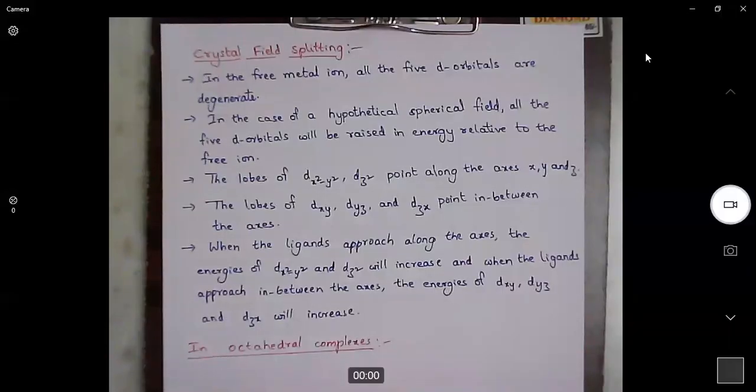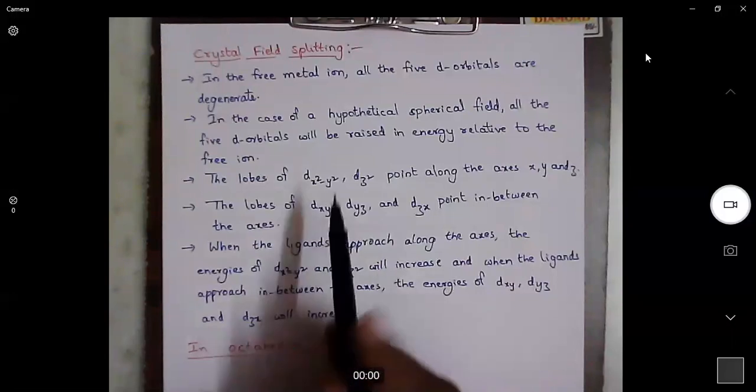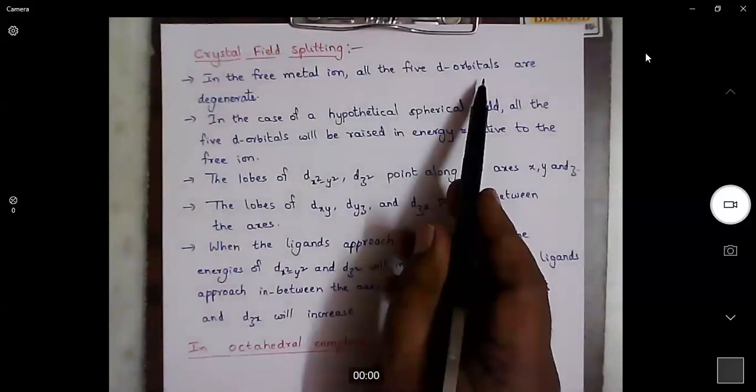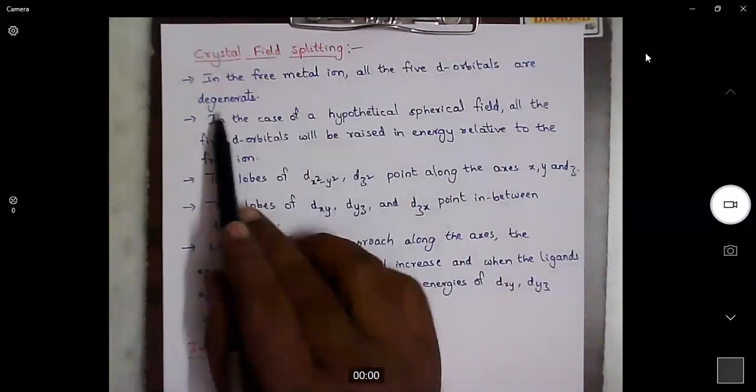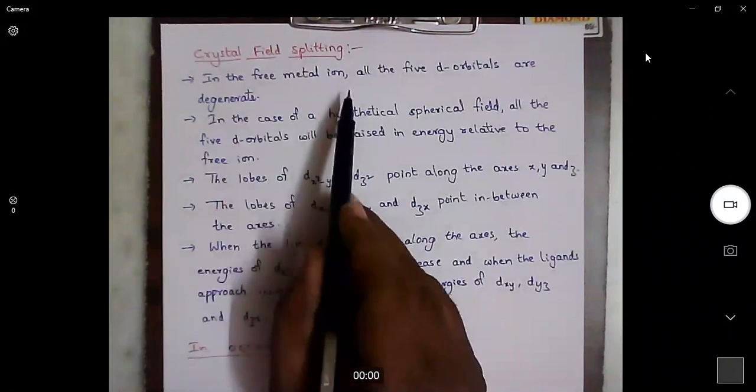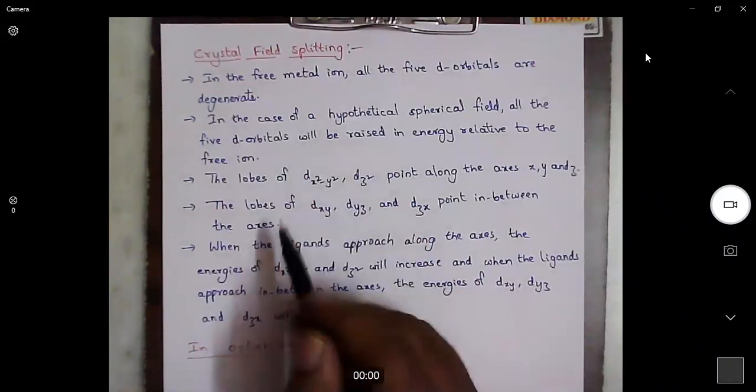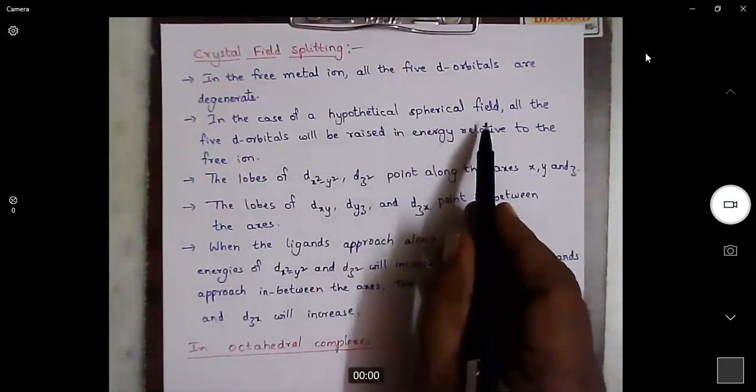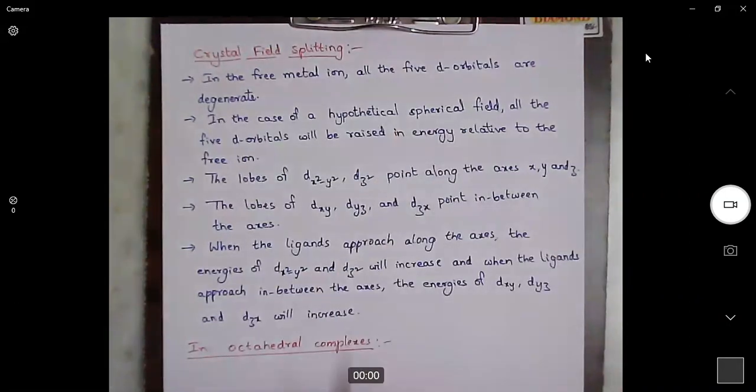What is crystal field splitting? As we know, all the 5 d orbitals in a metal ion are degenerate. All the 5 d orbitals will have the same energy. But in the case of a hypothetical spherical field, that means when the ligands are approaching the metal uniformly in all directions, like a ball.